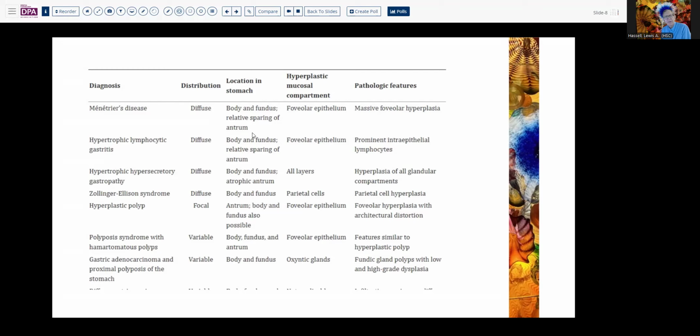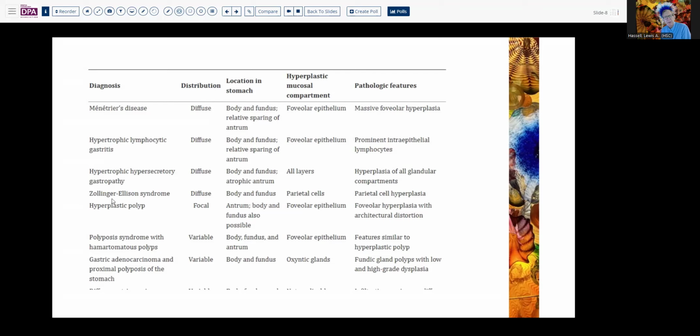Whereas Zollinger-Ellison syndrome tends to provoke a hypertrophy of the parietal cells because of the hypergastrinemia. And then there can also be endocrine cell hypertrophy in the other areas of the stomach.